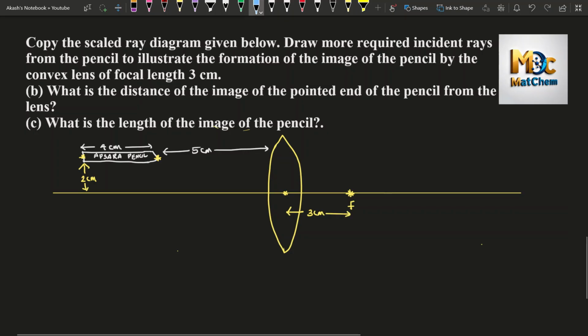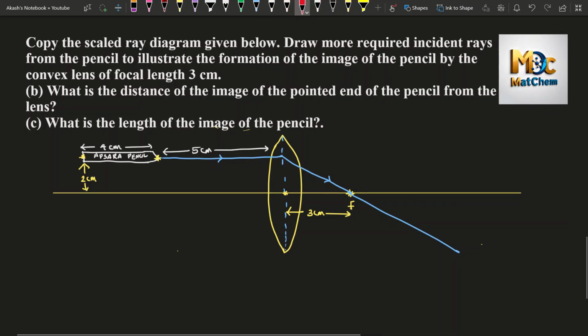If you consider the tip of the pencil, we know that any incident ray parallel to the principal axis, after refraction, will pass through the focus. That means this incident ray, after refraction, will pass through the focus. So this is the first refracted ray. To obtain the image formation, we need two rays.